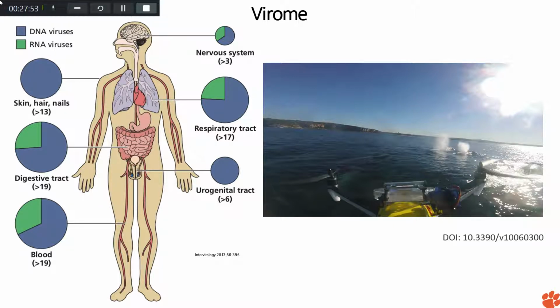And if we just sample a human being randomly, you can see where you get those from. Say, for example, in the skin, hair, nails, you mainly get some of the DNA viruses. And remember that this is a sampling from a perfectly healthy individual without any viral disease. That's the important thing. So all of us in this room, if we just sample, it will be somewhere close. And these are passive agents not doing anything and not causing a disease.